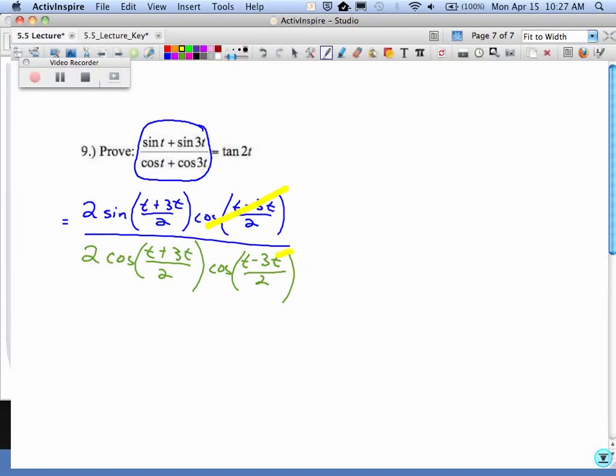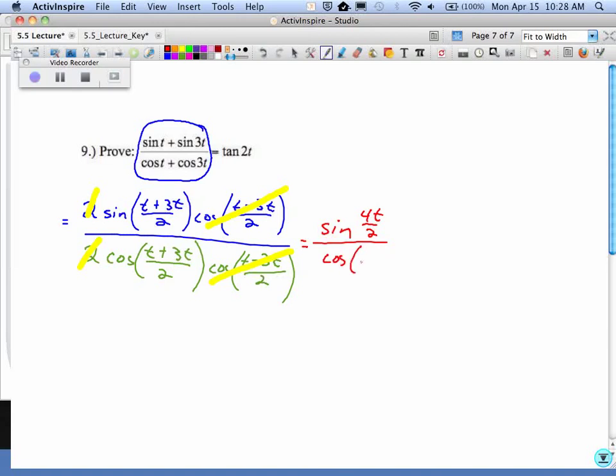Get rid of it. So all I have left is the sine. What is t plus 3t divided by 2? 4t divided by 2.